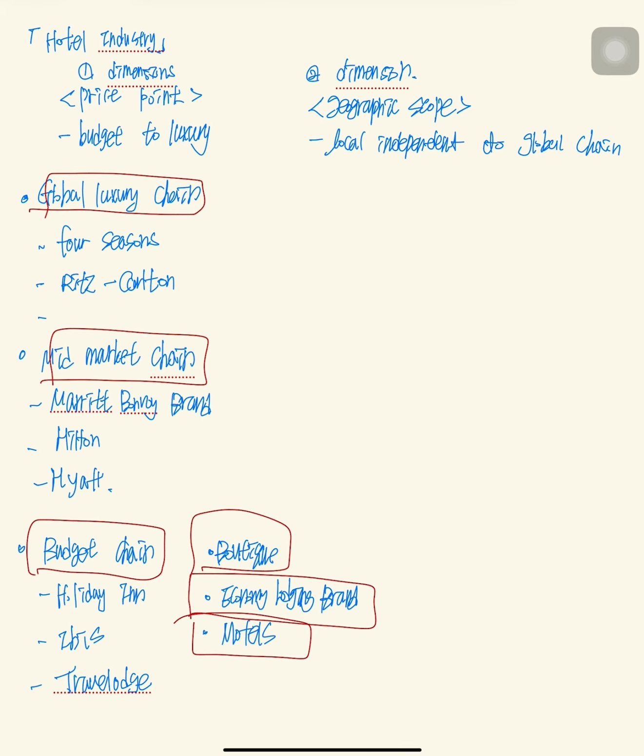Good. And these groups face different competitive dynamics. Luxury chains compete primarily on service quality, location, and brand prestige. The price competition is muted, right? Because someone who is willing to use a luxury chain brand does not care about the price.